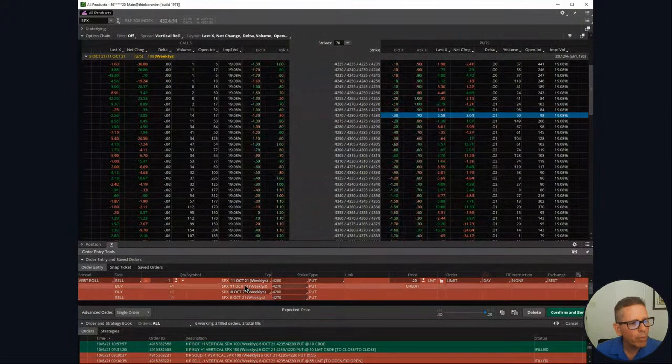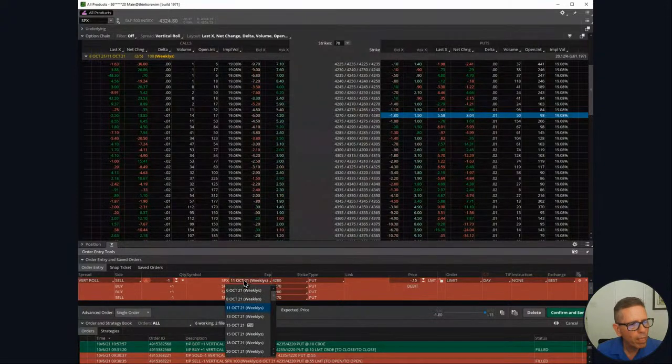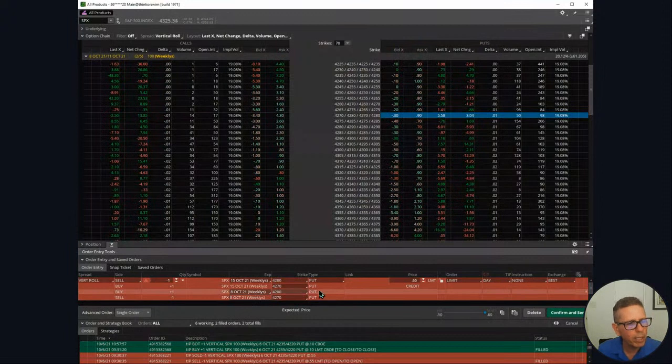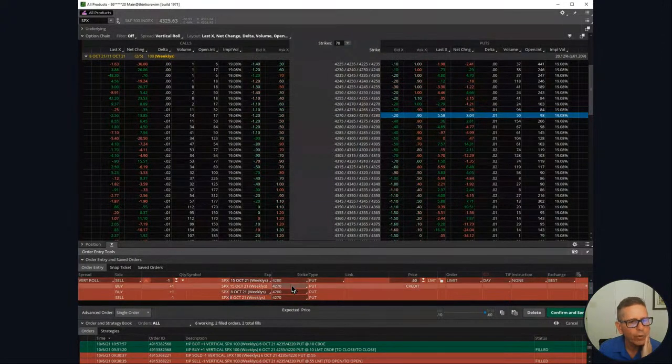I would want to push it out, and I would not want to push it out to an AM expiration. I want to push it out to a PM expiration. And then what I would want to do is move the strikes down.